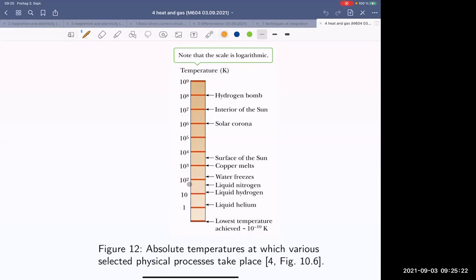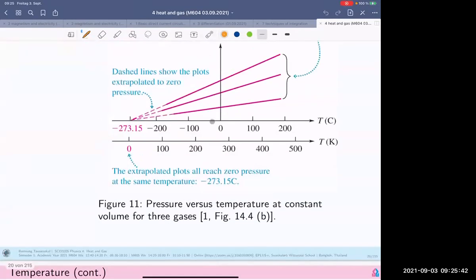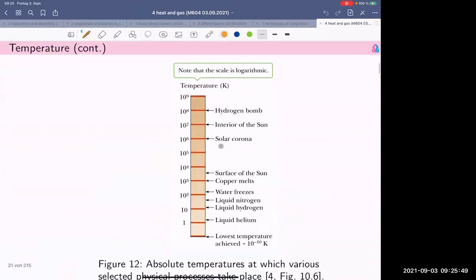And if we are at 60 or 70 Kelvin, the nitrogen got the liquid state, and the water freezes at, what is that? It's 0 degree of Celsius, right? And it's around 273.15, right?